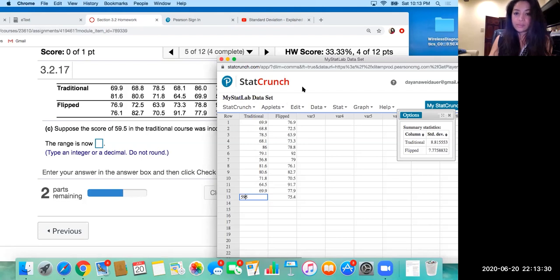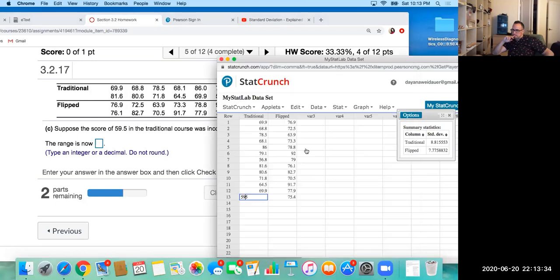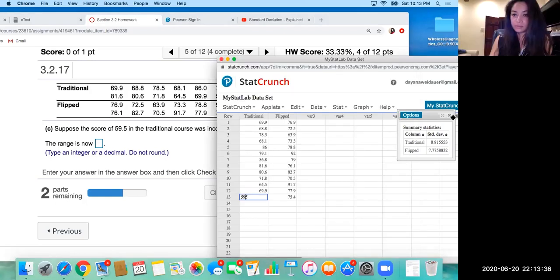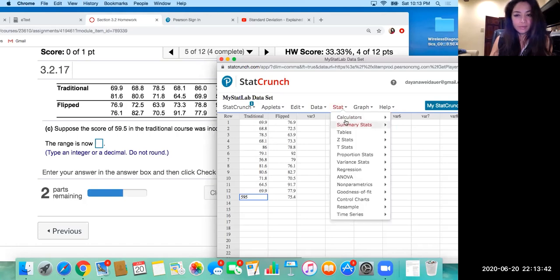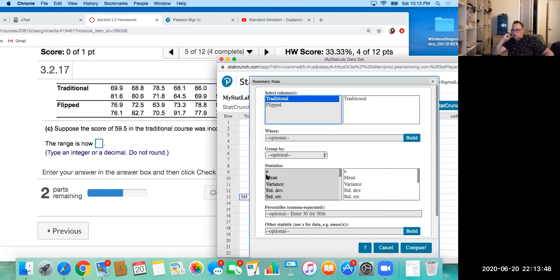And the traditional, it's only saying traditional, right? Yeah, I think so. Three columns, traditional. Look at the range.